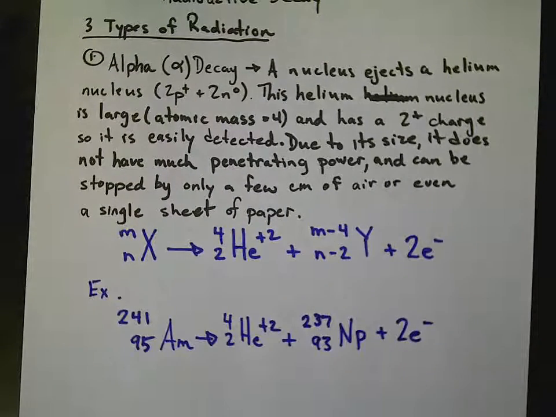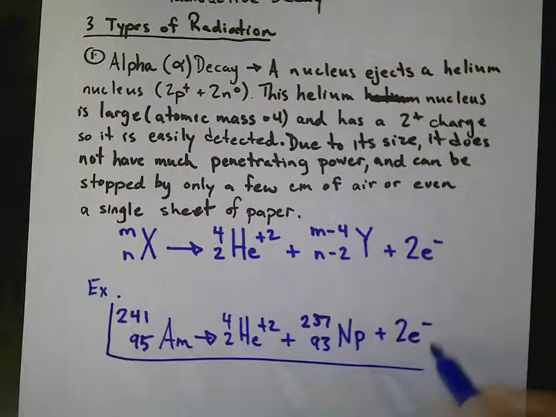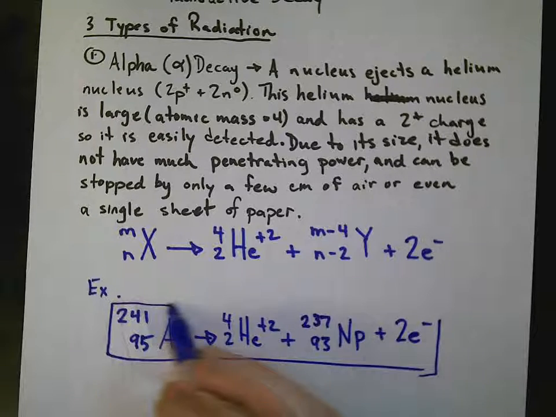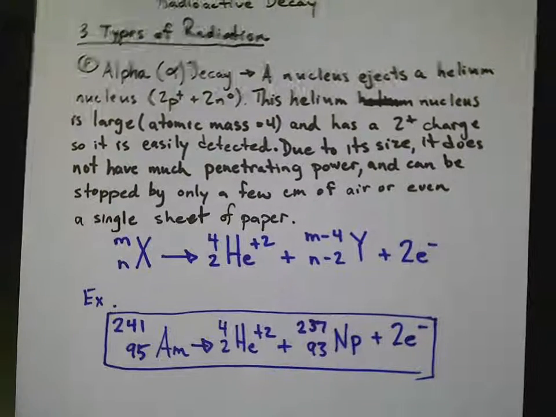Following our decay series equation, we're very easily able to figure out what our daughter atom would be. And we're going to see a lot more of alpha decay in approximately 10 minutes after we go through the other 2 types of decay.